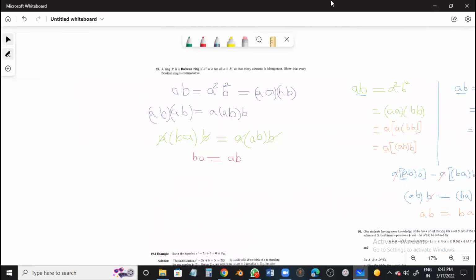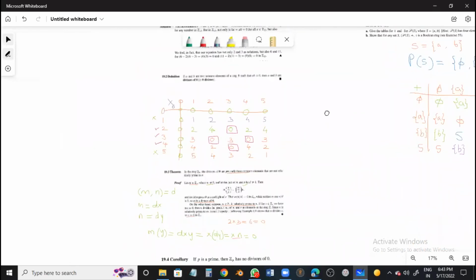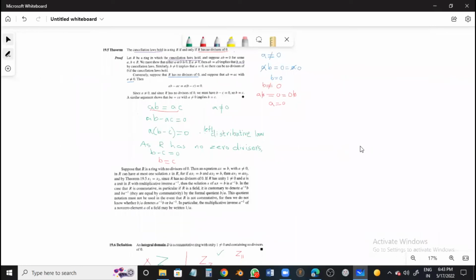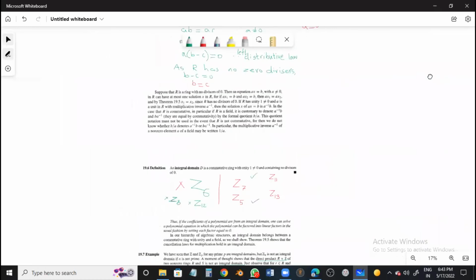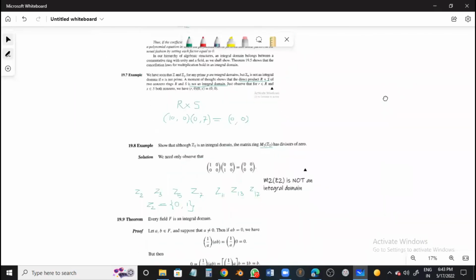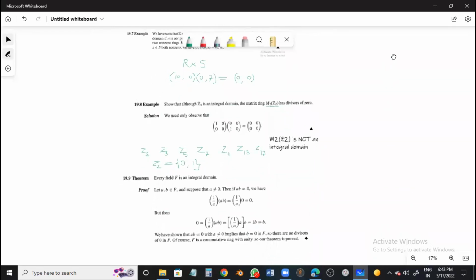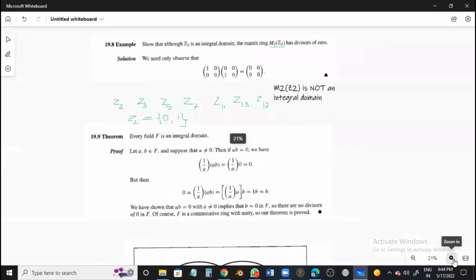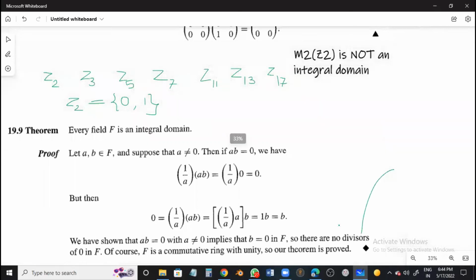So last time I dealt with the set of matrices, 2 by 2 matrices with 1 and 0 as the entries. I hope you know this. In our previous video, you'll find the set of matrices containing 1 0 and 0 1. What were the entries? I hope you remember them. Just a minute.